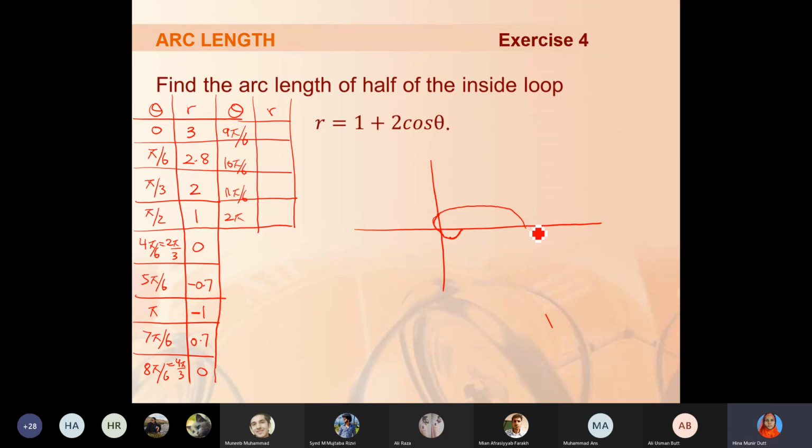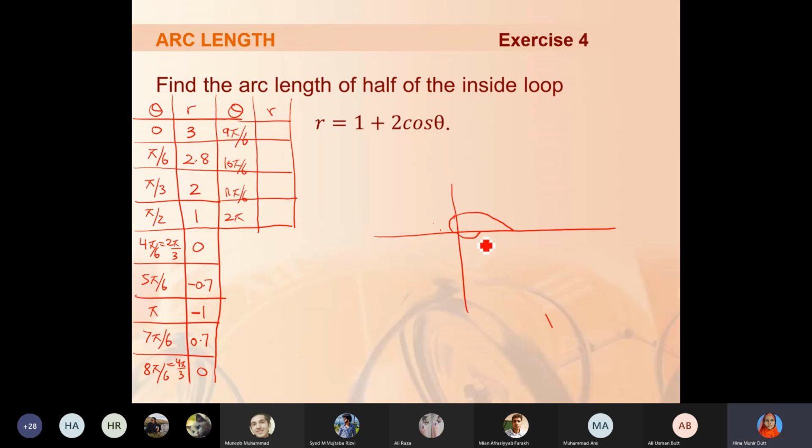So it means the outside half loop is drawn when we take the values of theta from 0 to this. The upper loop is drawn when theta is taken from 0 to this point, that is 2pi/3.